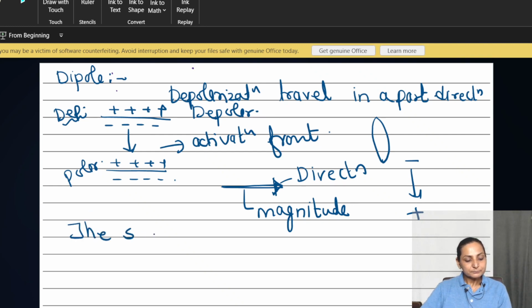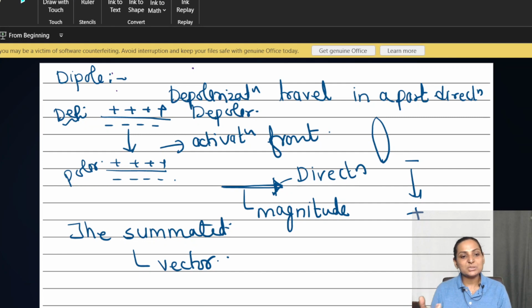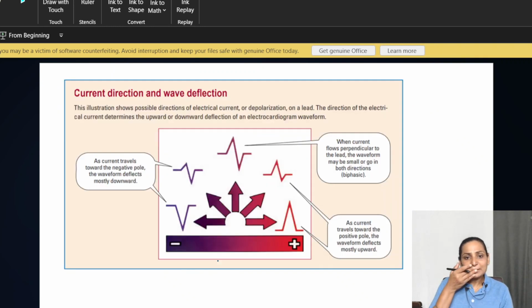The summated effect of the dipoles generated is what we call the vector. This vector has a particular length, which is the magnitude, and a direction, which is always from negative to positive, right? Now in ECG, remember something very basic: when the current flows towards the positive pole, you are going to get a positive deflection.